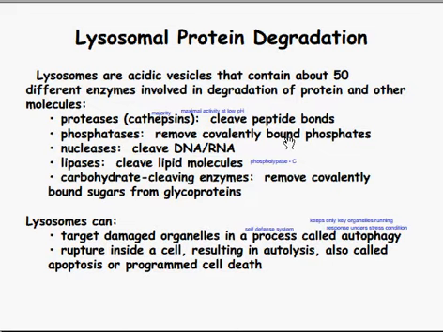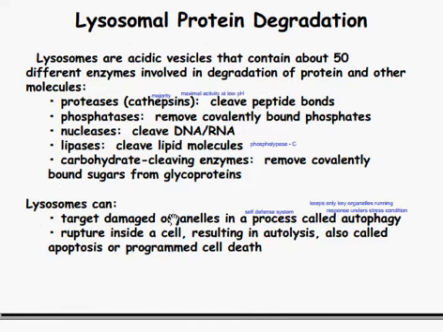Phosphatases remove the covalently bound phosphates. Nucleases cleave the DNA/RNA. Lipases cleave lipid molecules, through phospholipase C and other such lipases. And there are carbohydrate cleaving enzymes that remove covalently bound sugars from glycoproteins.